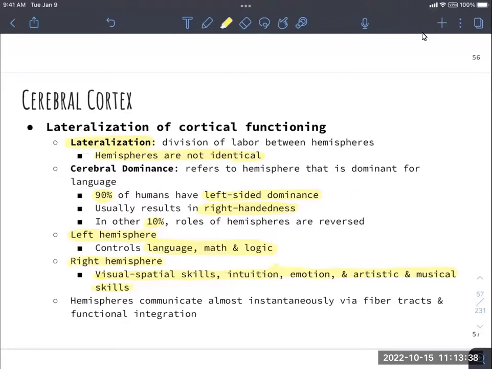But our hemispheres communicate pretty well because we've got all these fiber tracts. We'll go through them in this PowerPoint. But these fiber tracts help the left and the right side of the brain talk to each other. They help to kind of integrate what's happening between that right and that left side.